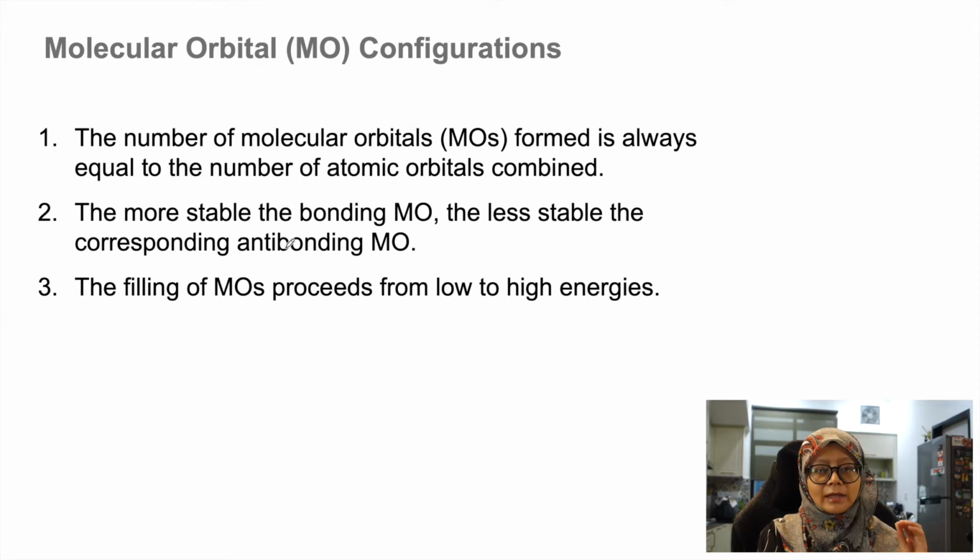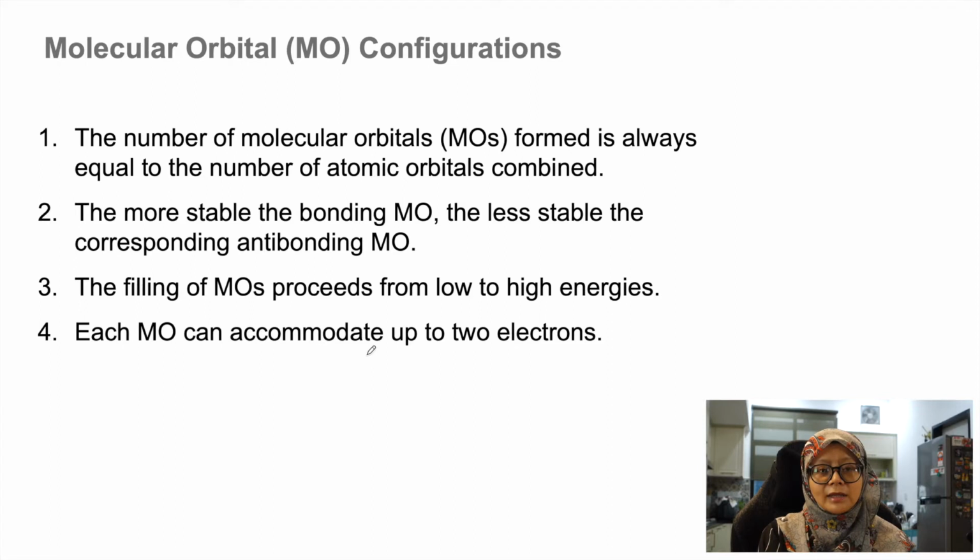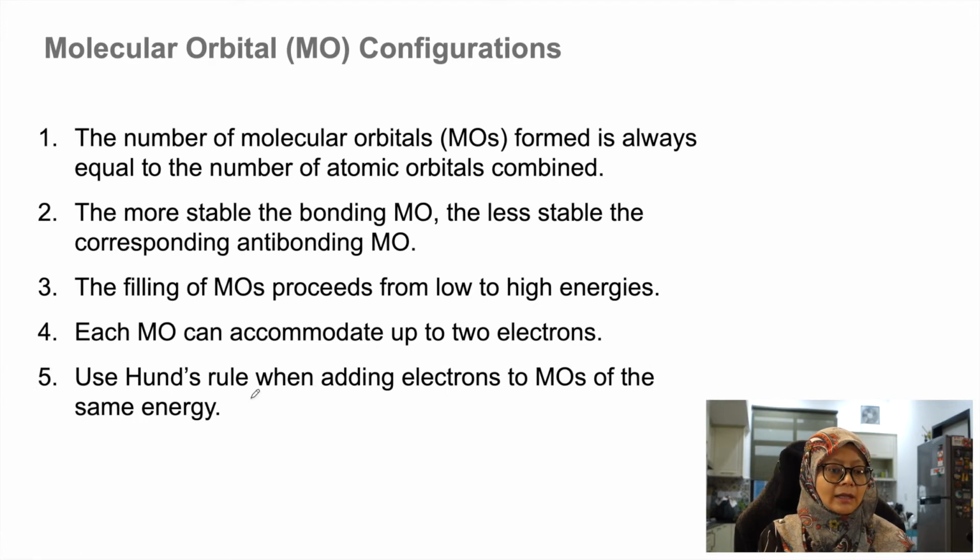Third, the filling of MOs proceeds from low to high energy, from the bottom to the top. Fourth, each molecular orbital can accommodate up to 2 electrons. And number 5, use Hund's rule when adding electrons to MOs of the same energy.